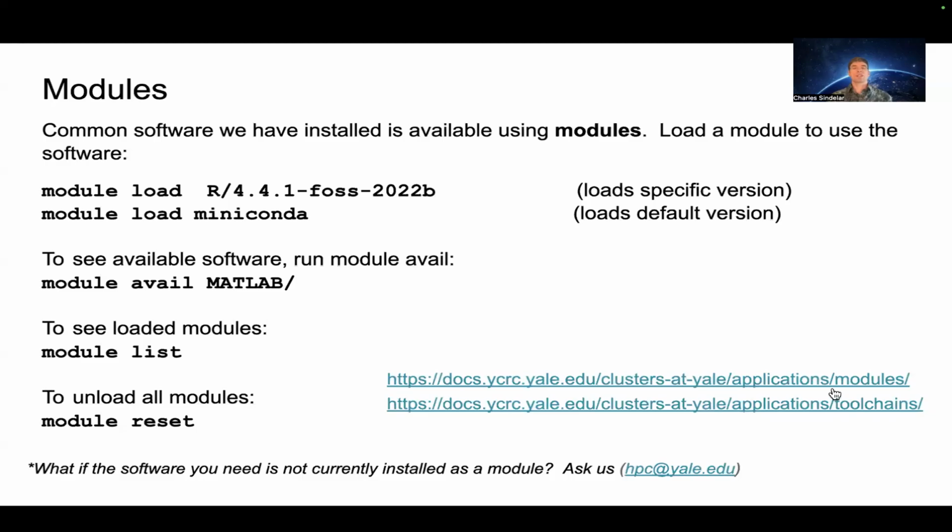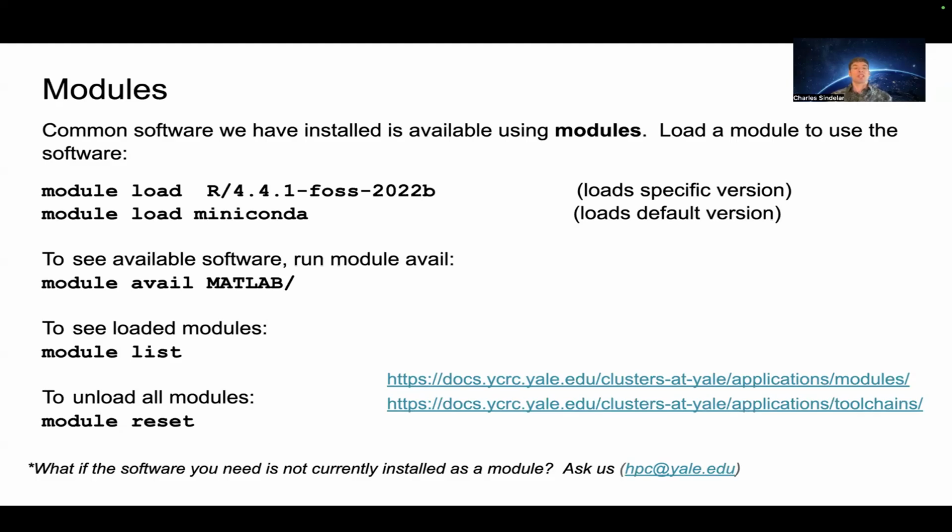Software, and particularly scientific software running on Linux, as we have here at the YCRC HPC clusters, can be finicky to set up and run. This is especially true given the variety of types of hardware that we have available on our clusters.